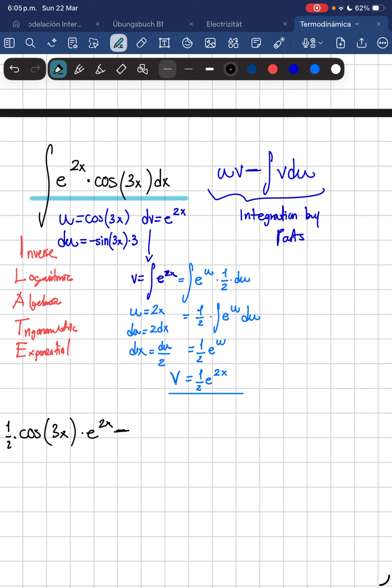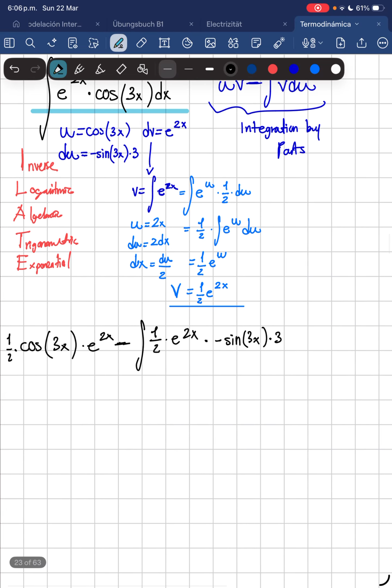That's minus the indefinite integral of, again, v, which is 1/2 e to the 2x, du, which is negative sine of 3x times 3. Once we have this expression, we're gonna make it simpler.